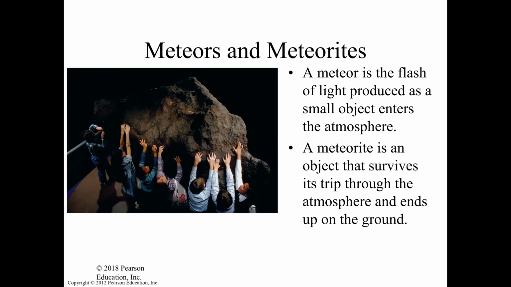So if you find a piece of rock and you're looking at it, it might be a meteorite, and I'm going to show you how you can examine it to see if it is a meteorite. But just have in mind that these two are different. One is the flame in the atmosphere, those burning materials. The other one, if it gets to the ground, is just a piece of rock that you can find on the ground.